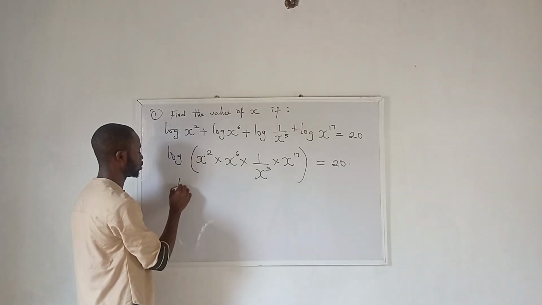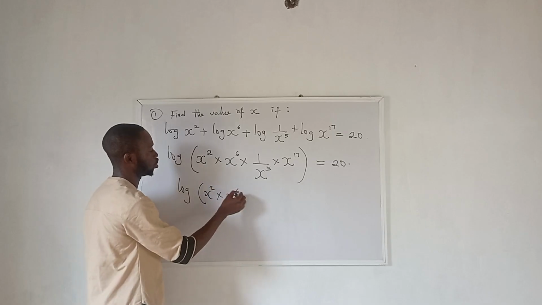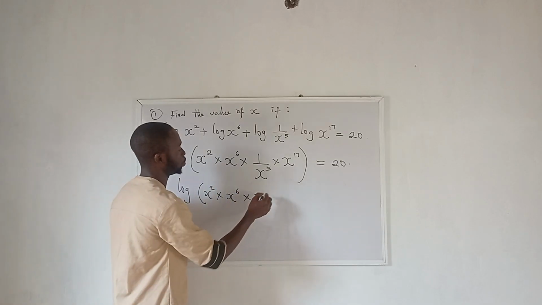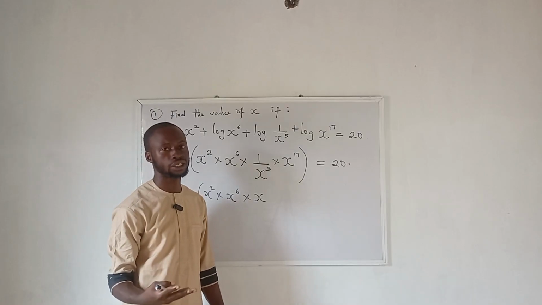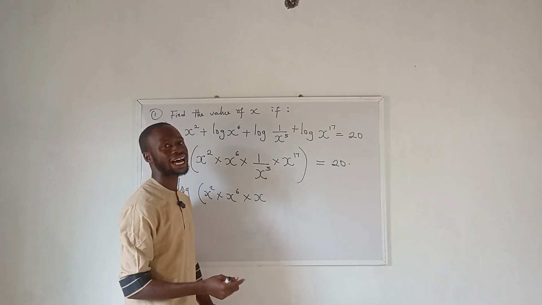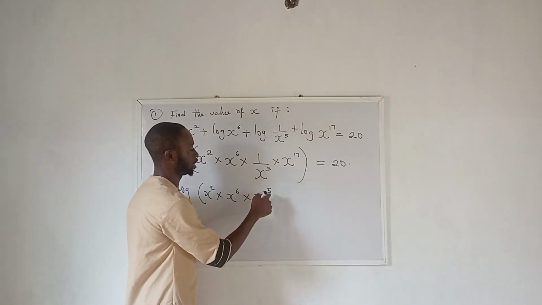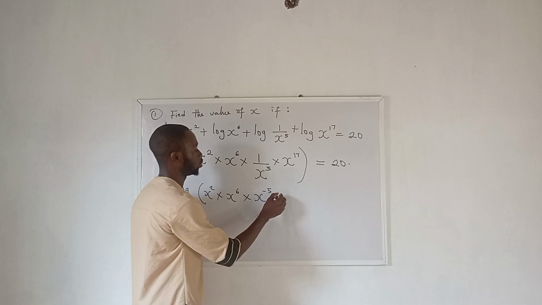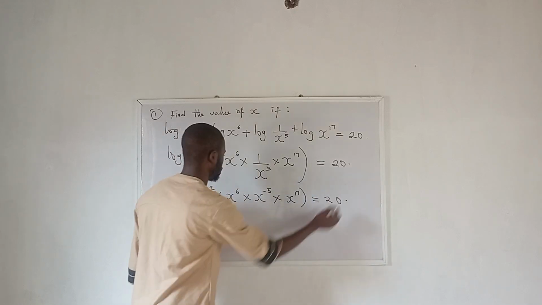So what we would have is log of x squared times x raised to the power of 6 times x raised to the power of... If you look at this, there's a rule in indices called the rule of negative index. It means that this 1 over, I can write as a negative sign in the index of x, and that is minus 5. So I would have times x to the power of 17 equals 20.